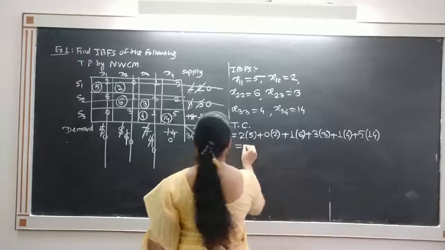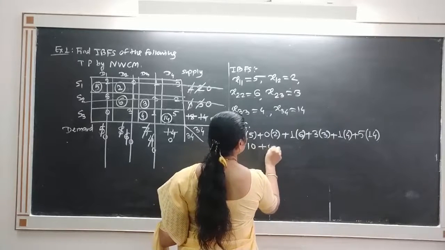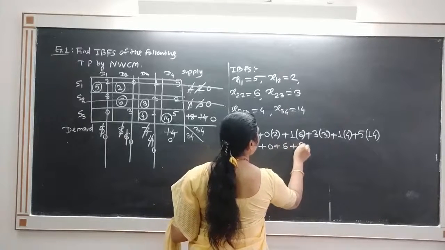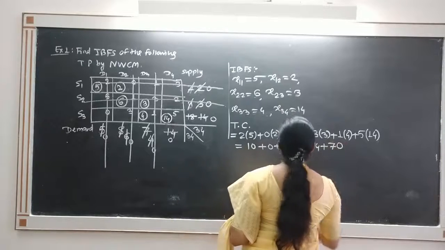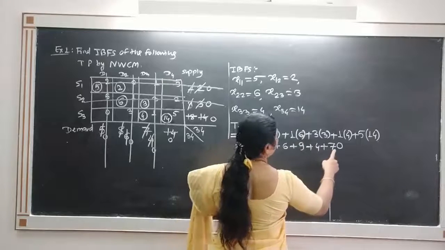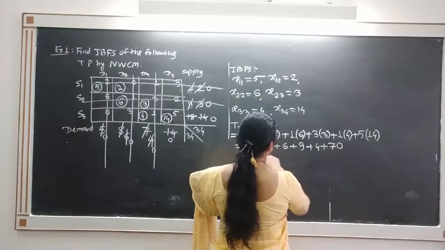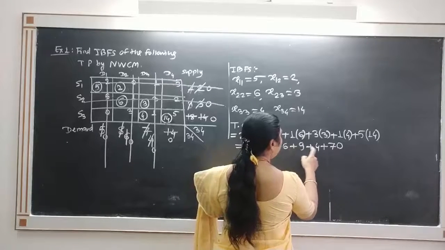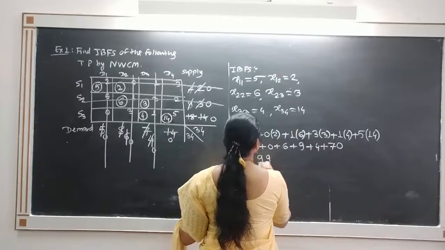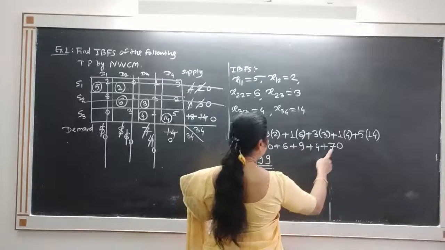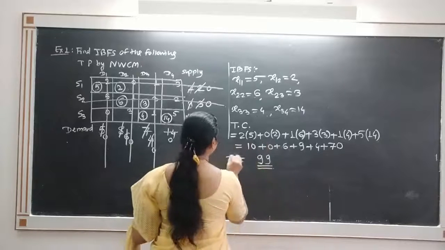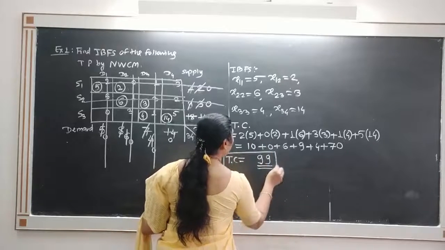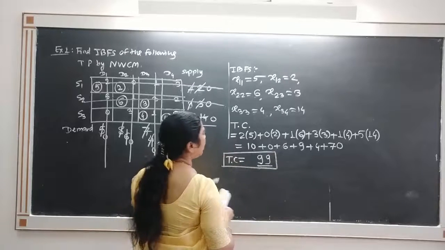This is nothing but 10 plus 0 plus 6 plus 9 plus 4 plus 70. 70, 80, 99. That is the total transportation cost is 99. So this is transportation cost by northwest corner method, 99.